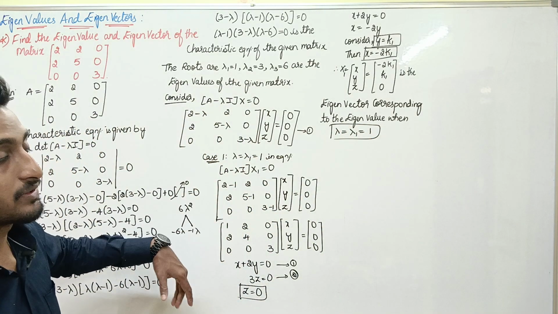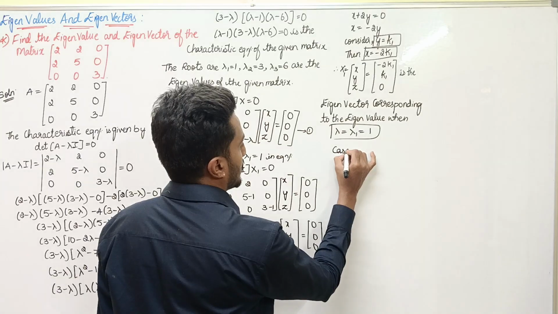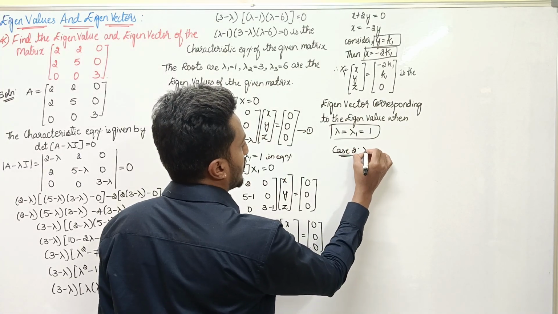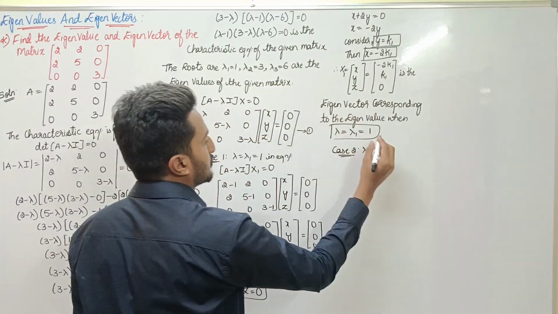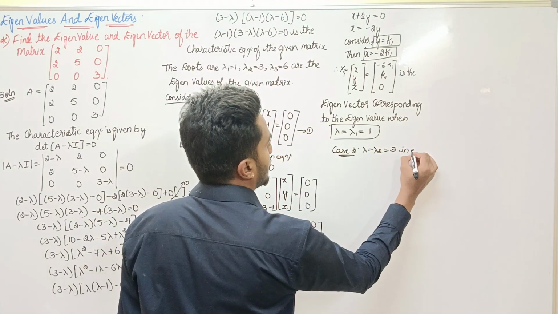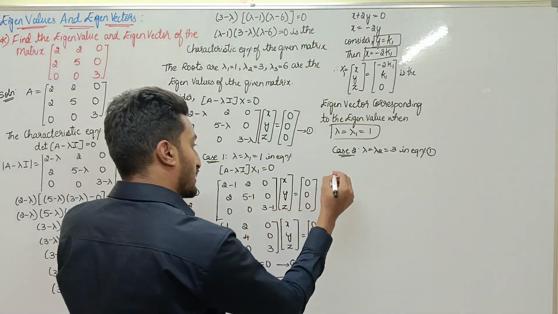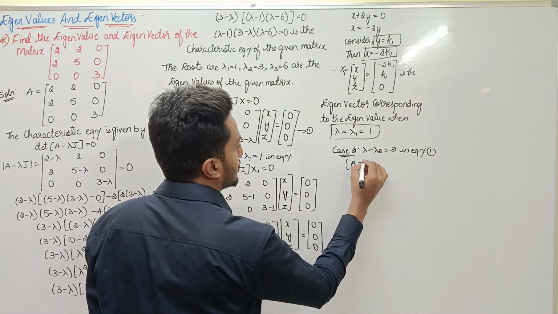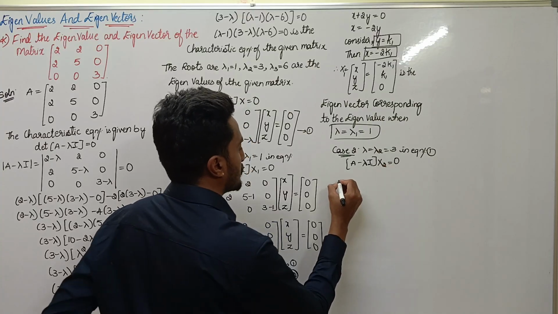Similarly, let us find case number 2. What is our case number 2? Case number 2 is lambda equal to lambda 2 equal to 3, in equation number 1. This is our equation number 1. So that is matrix (A minus lambda I) into x2, which is equal to 0.